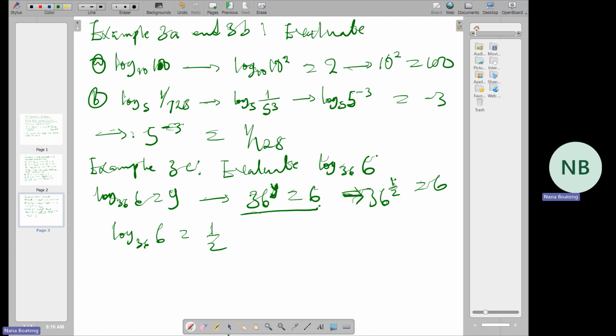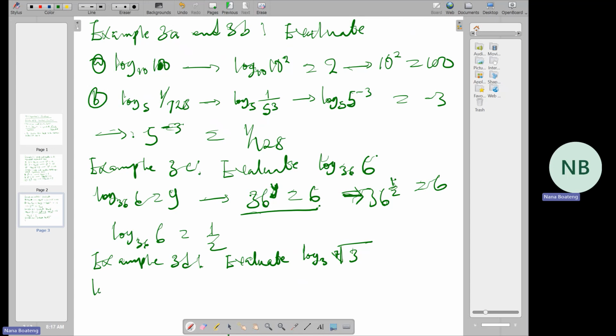All right. And the last example is example 3d. Let's evaluate log to the base 3 of the 7th root of 3.